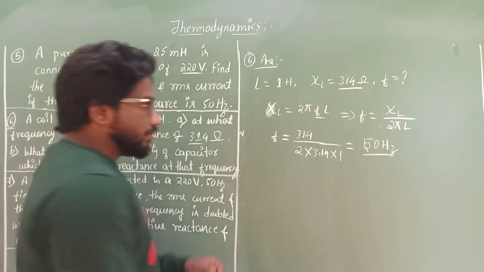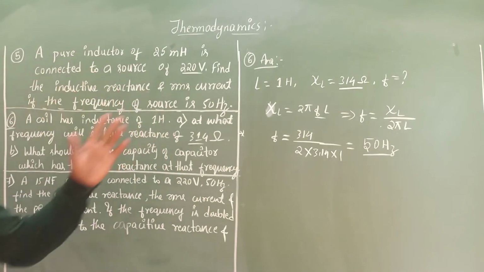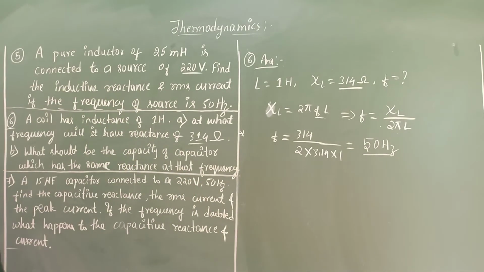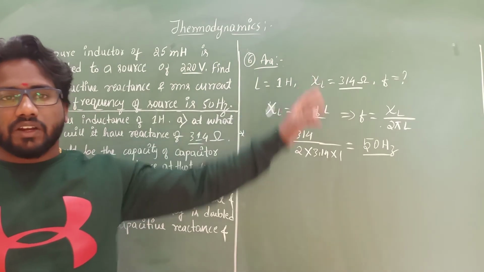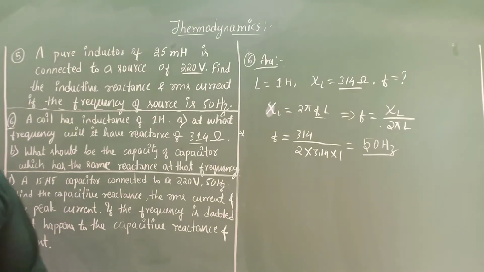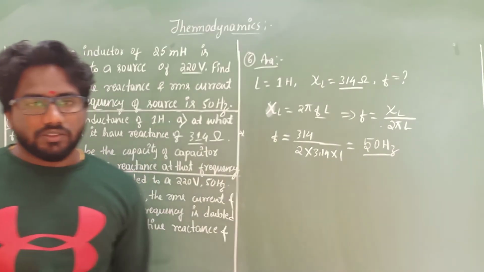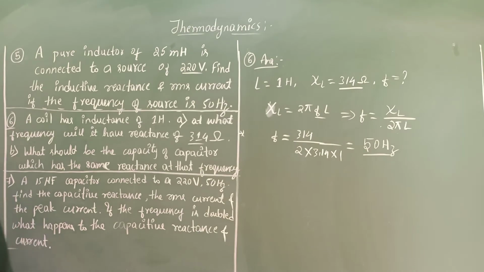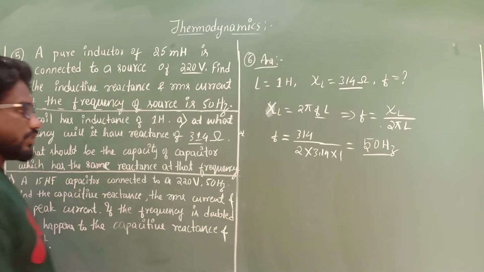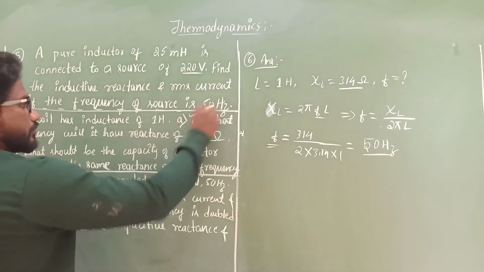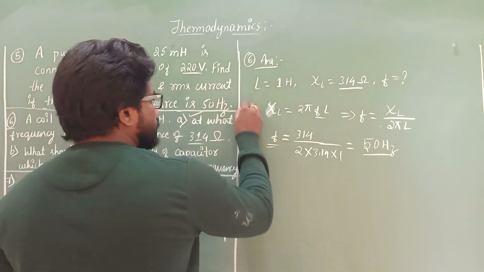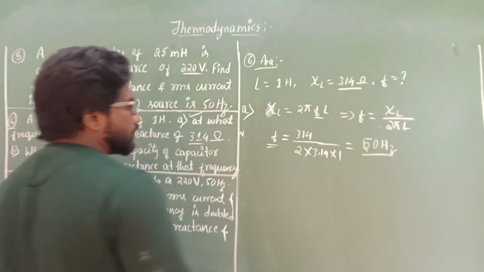So 50 Hertz will be the frequency when the reactance is 314 ohm. Now the first part is done. This is the solution for A.